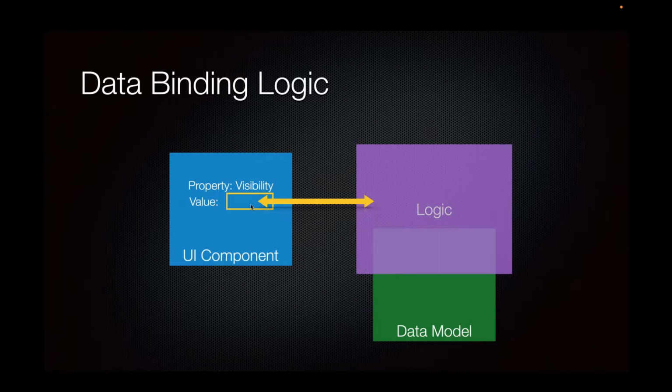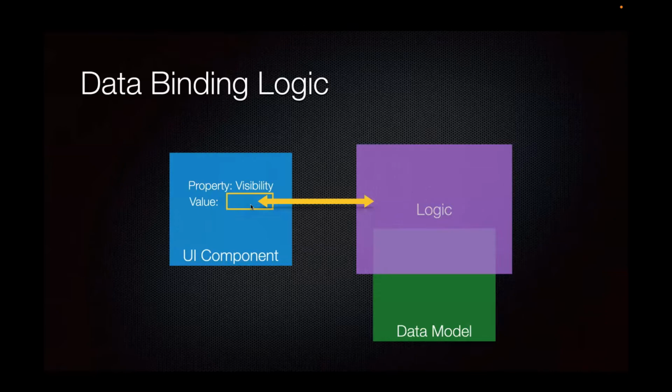So that logic actually will run anytime when the data model is modified. Exactly as with re-rendering, but in this case, it gives you a place to add the logic where you can do some additional checking and control aspects of your UI component.